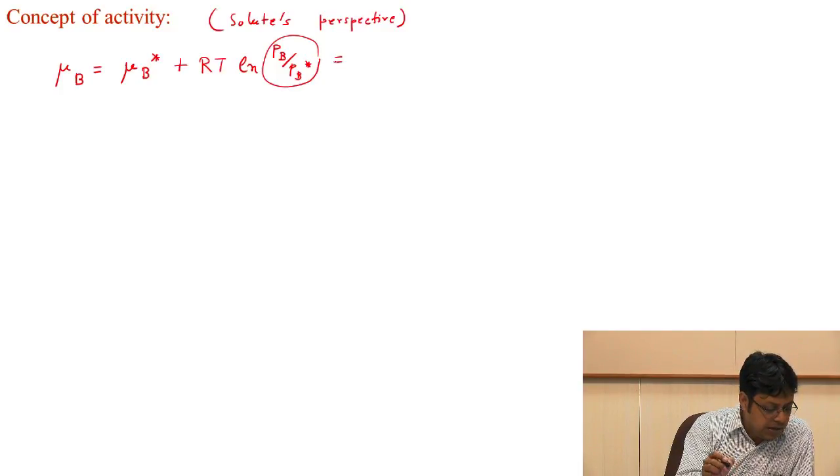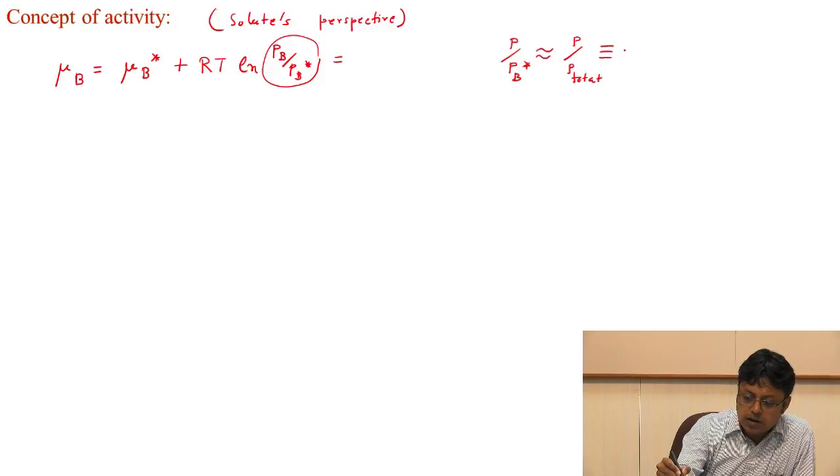Now we already discussed Henry's law, and Henry's law said that this thing, which is basically PB by PB star, which was approximated to be PB by P total, and which is of course equal to the mole fraction, which was Raoult's law, is not correct if we just take it as PB by PB star.